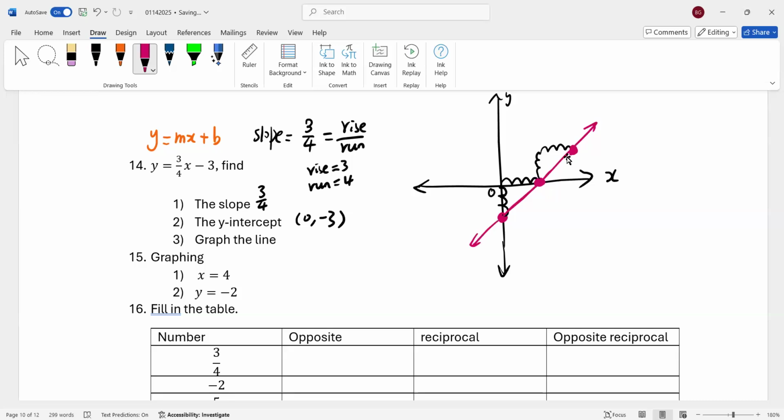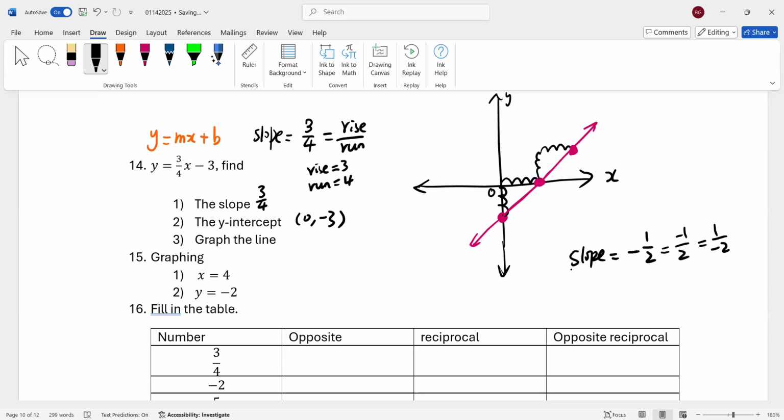I have a question. What if the slope, it's not this problem, what if the slope is negative 1/2? How do you find your rise over run? You can write negative 1/2 as -1/2 or 1/-2.